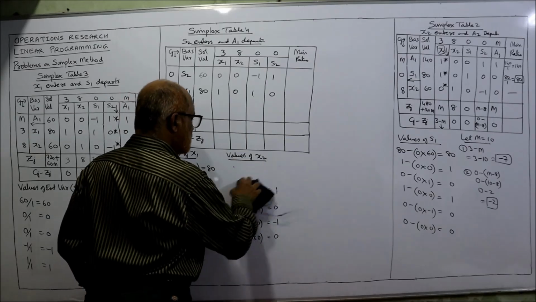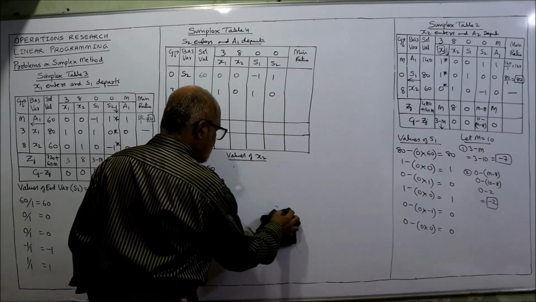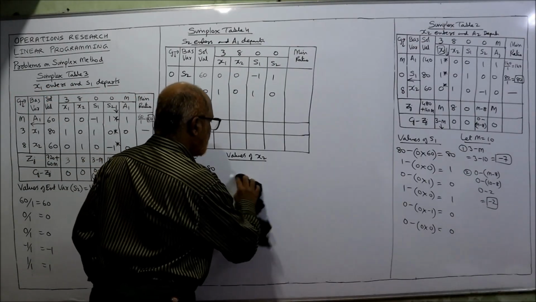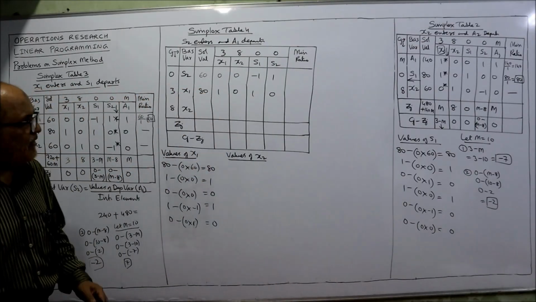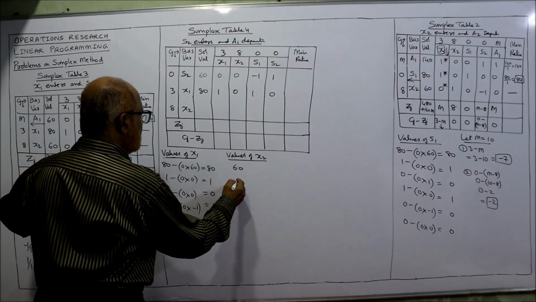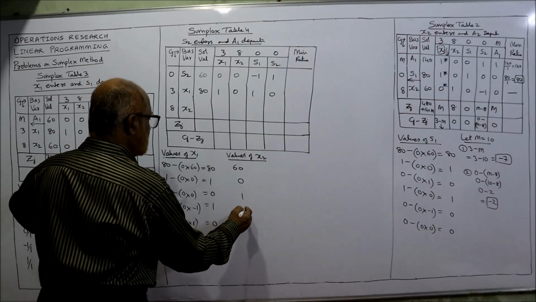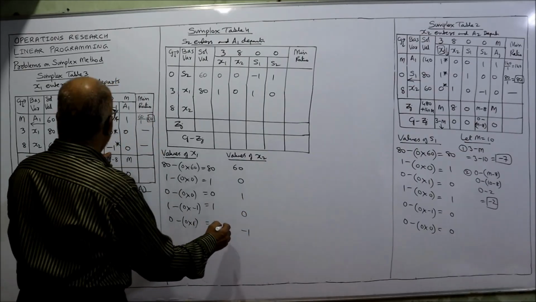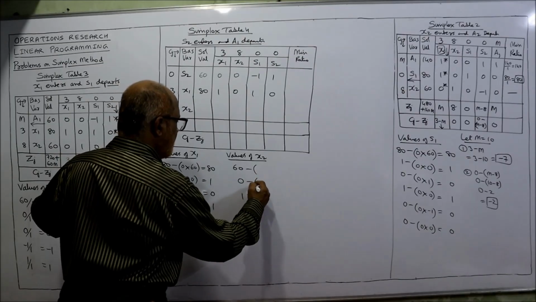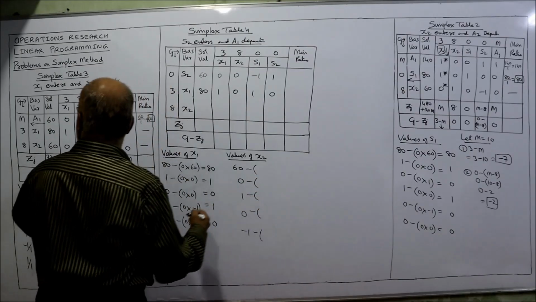Now we need to calculate the values of x2. Now see carefully. What are the old values of x2? 60, 0, 1, 0, minus 1, minus the intersectional element of x2.